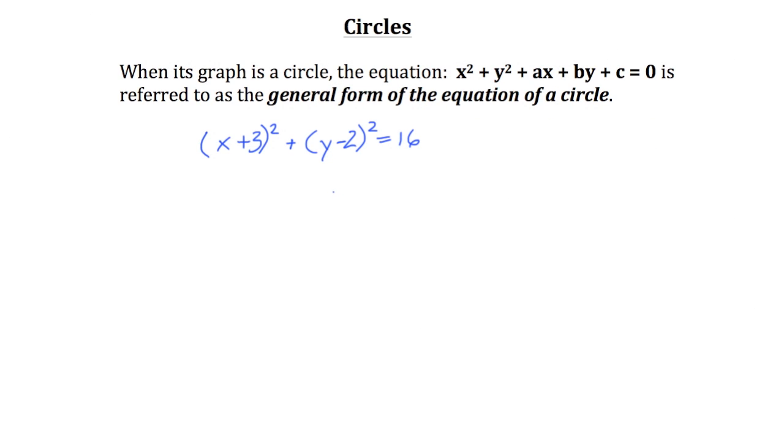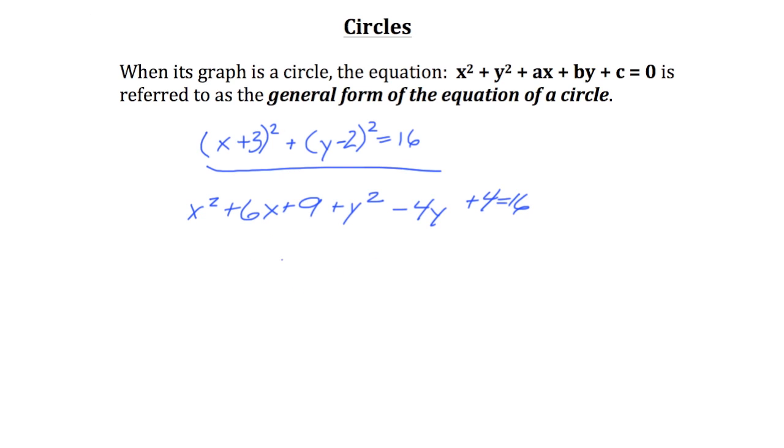Next, we want to talk about the general form of the equation of a circle. If we take the same equation that we've been working with, (x + 3)² + (y − 2)² = 16, and multiply that out and remove the parentheses, what we get is x² + 6x + 9 + y² − 4y + 4 = 16.